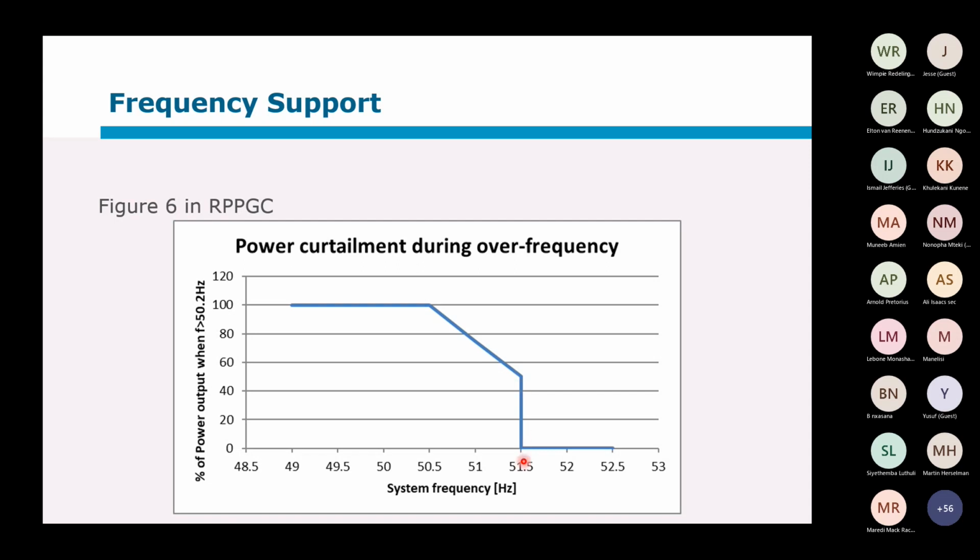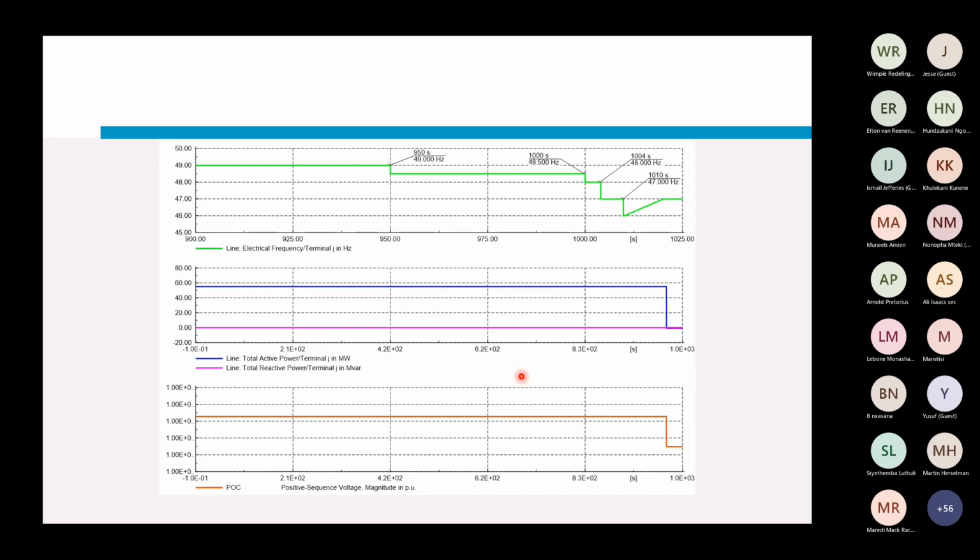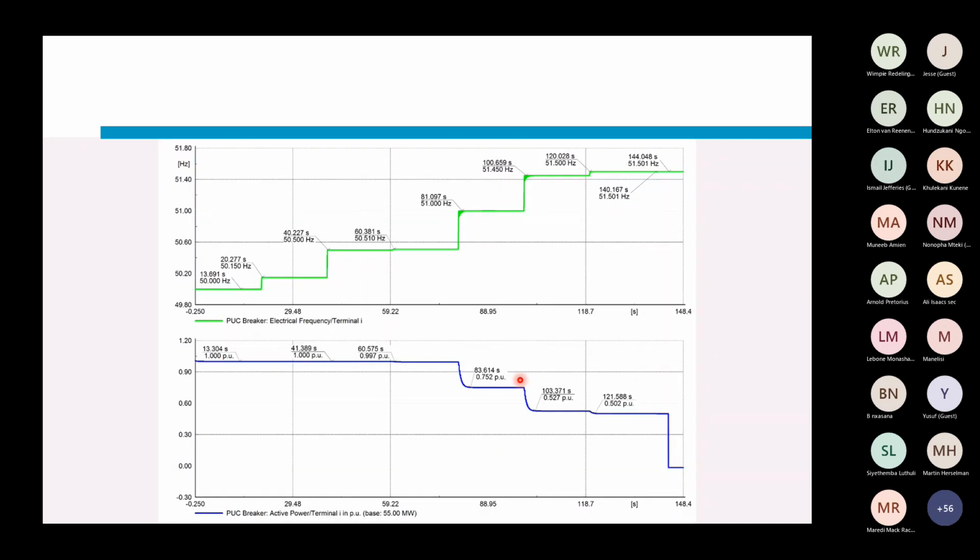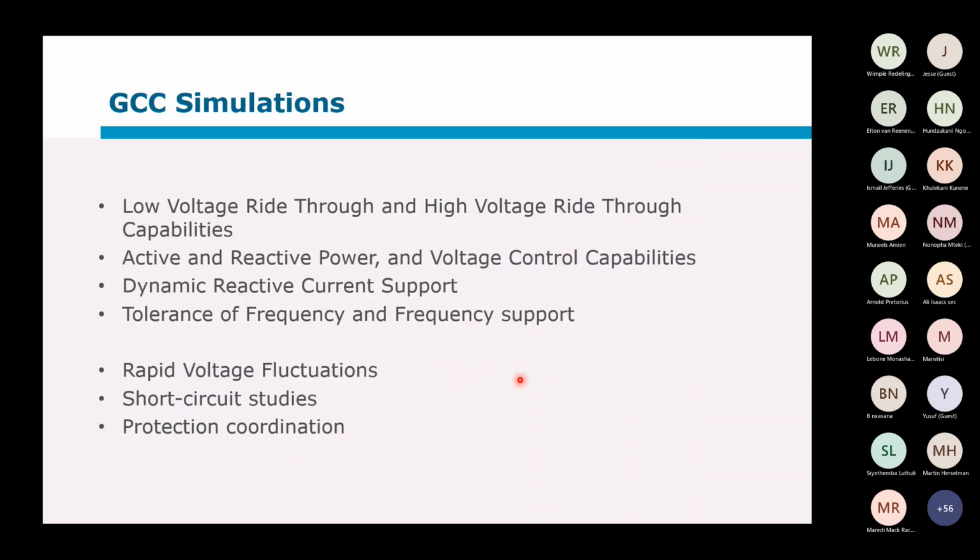They then trip off at a higher point, but at least you should not exceed that point, or it's less likely to exceed it. This is an example of how the frequency response was tested. We have spoken about this. That's just a summary.